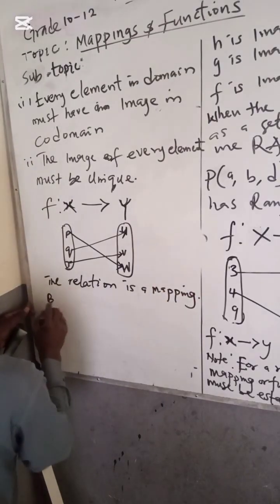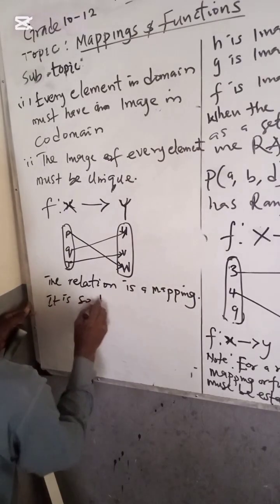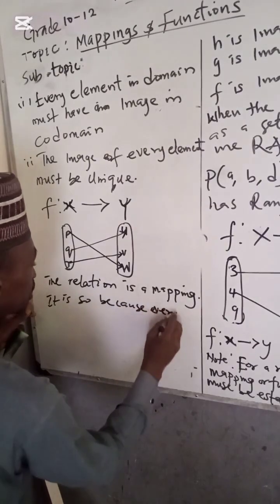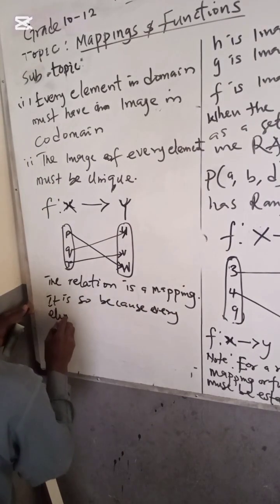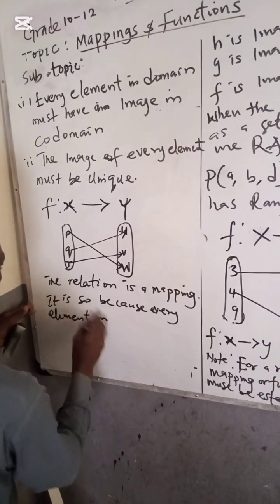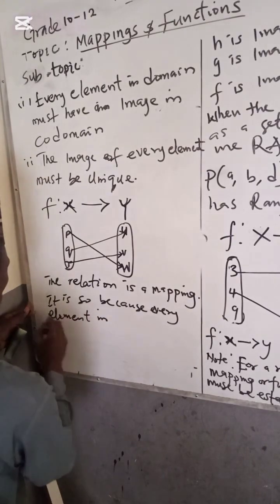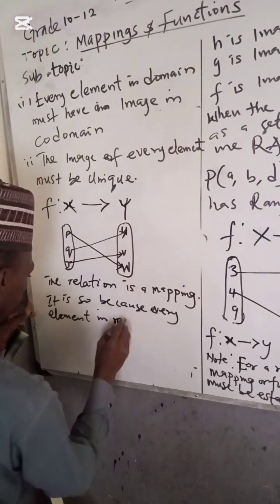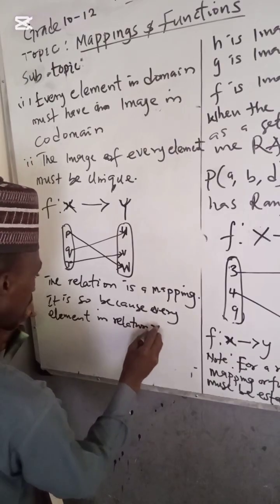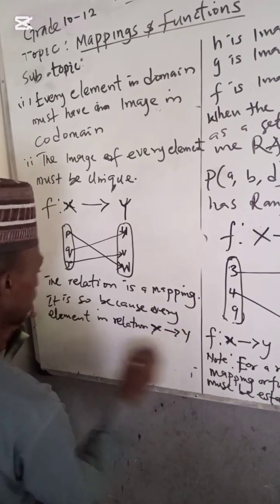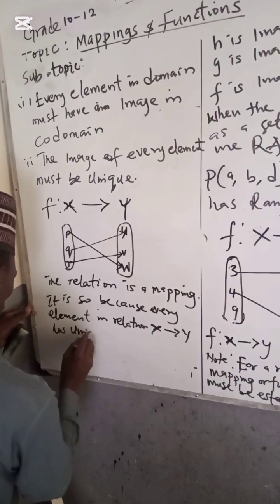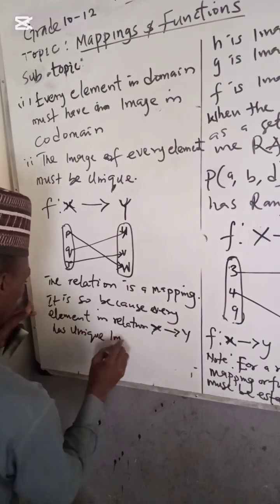It is so because every element in the relation X to Y has a unique image.